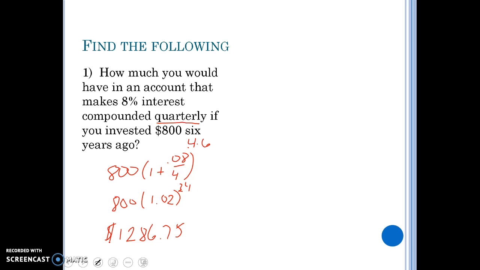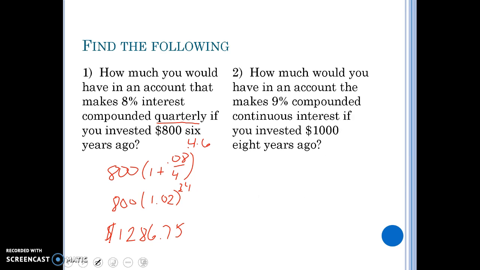Let's take a look at another situation. Again, pause the video and try this on your own and see if you get what I get here. How much money would you have in an account that makes 9% compounded continuously? That's a big word here, compounded continuously, which means we're going to use a different formula, if you invested $1,000 8 years ago. So in this case, the principal amount is $1,000.